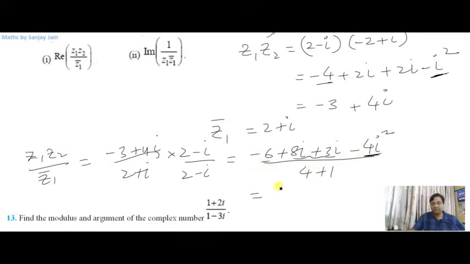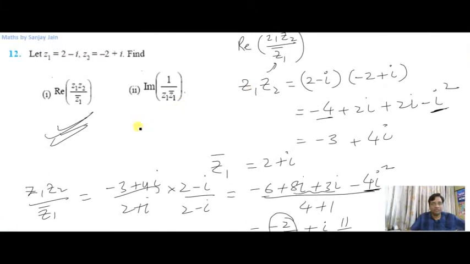Plus 4 minus 6 is minus 2 divided by 5. I am separating the real part and imaginary part. This is 11 iota, so iota into 11 by 5. This is the real part that I was looking for. So there was nothing in this question apart from the calculation.